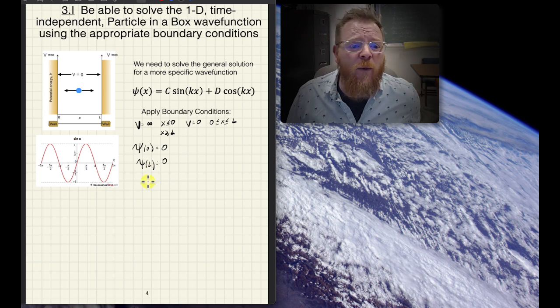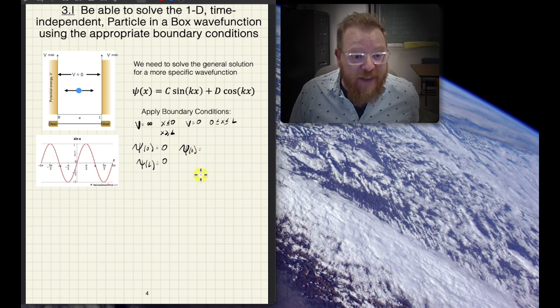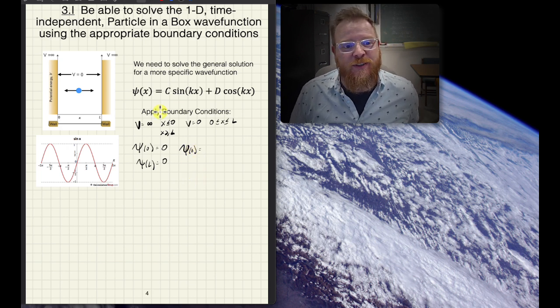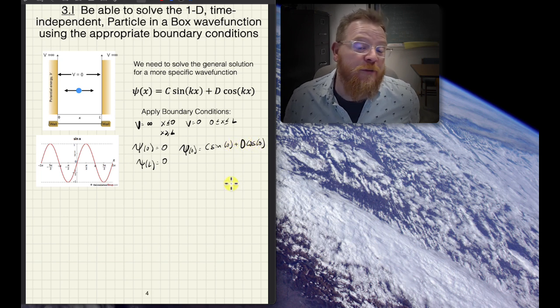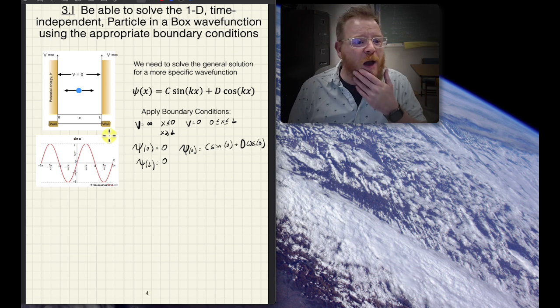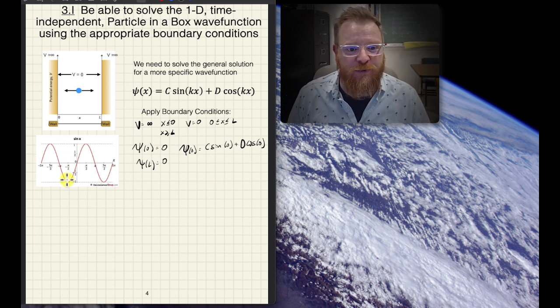So right away, we can start to play with this idea here. If I look at psi where x equals 0 of the following equation, I'm going to have a c sine, and of course, k times 0 is 0, plus a d cosine of 0. So now I've got this handy guide right here that's got a sine function for me.